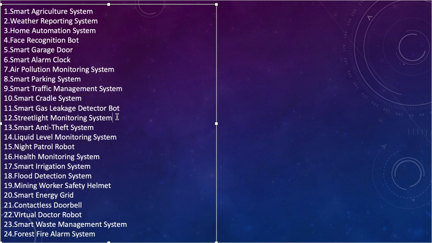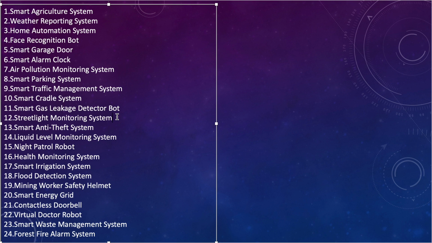Street light monitoring systems, smart anti-theft systems. Street light monitoring systems would be smart cities, and smart anti-theft systems, from home automation for buildings to cities, that can be different, because the solutions differ depending on a mixture of motion sensors, cameras, smart locks, fingerprint readers, face recognition, and so on.